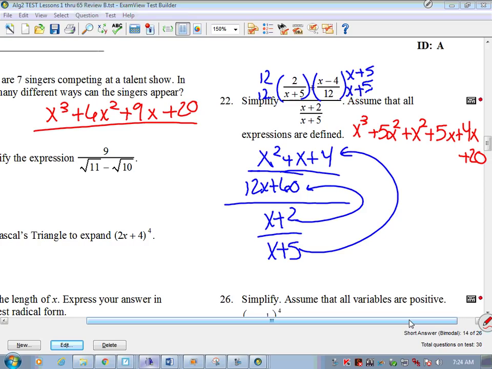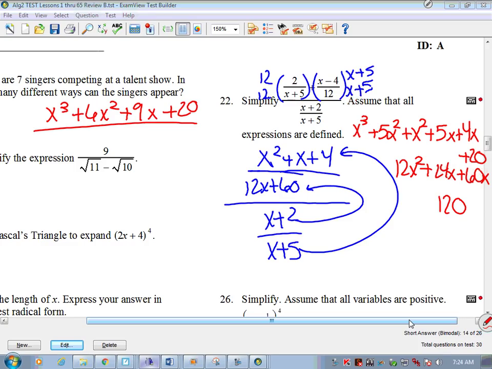Now we've got to do the bottom, so we're taking 12x plus 60 times x plus 2. So 12x times x is 12x squared. 12x times 2 is plus 24x. 60 times x is 60x. And 60 times 2 is 120.